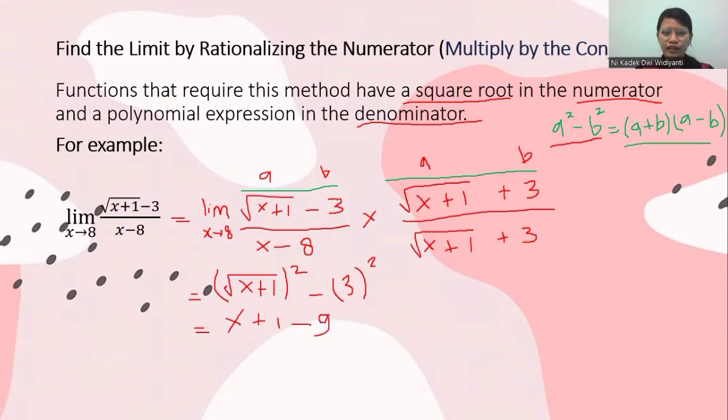So the numerator we get is x plus 1 minus 9. Remember that the result of square root of x plus 1 minus 3 multiplied by the quantity of square root of x plus 1 plus 3 is x plus 1 minus 9.